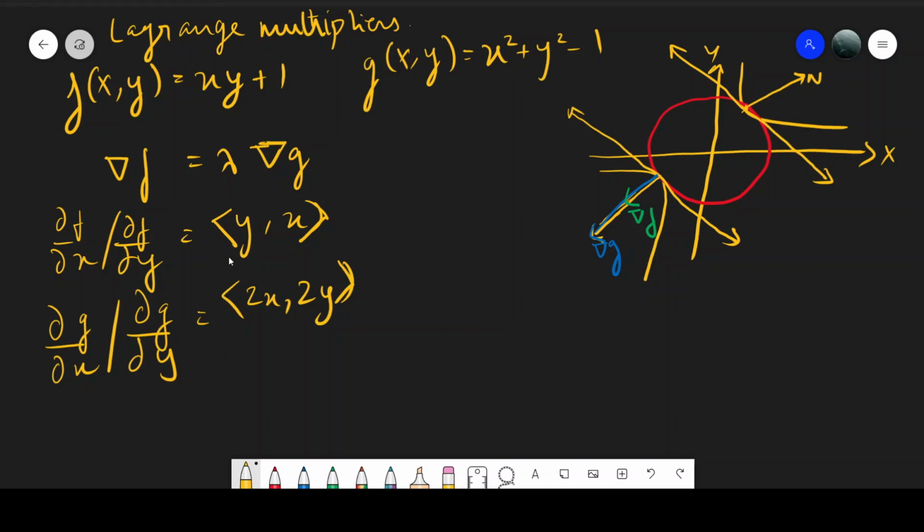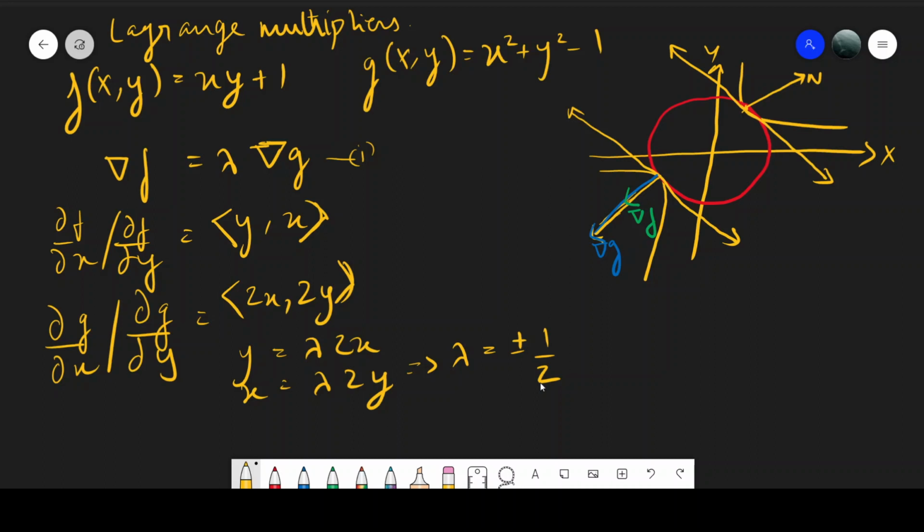So from this equation right here, I can write dou f by dou x equal to lambda dou g by dou x. So that's y equal to lambda 2x, and then x equals lambda 2y. When you solve these equations, you will get the value of lambda to be plus or minus 1 by 2.